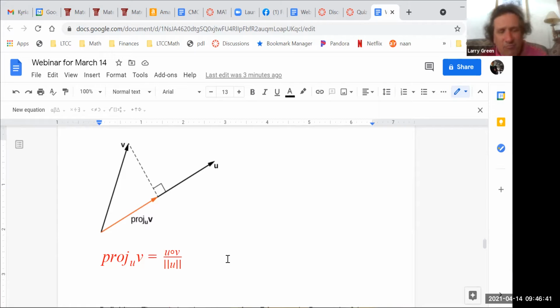Okay, the calculation is boring. So let U equal, how about (1, 3), and V equal (-4, 1).